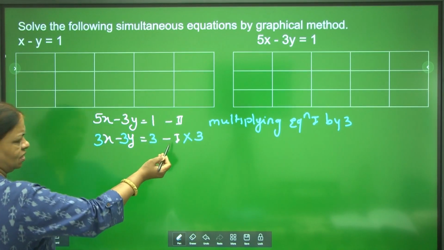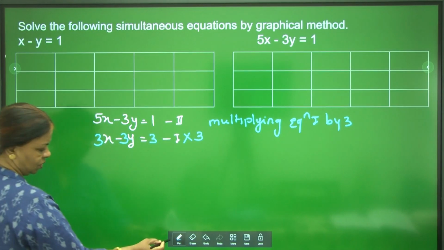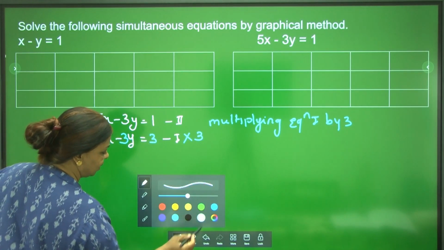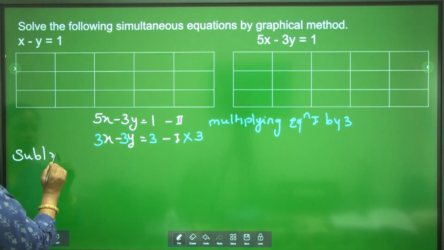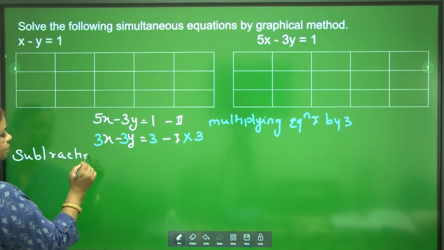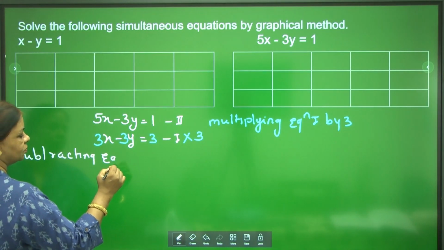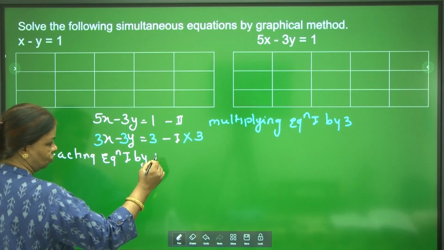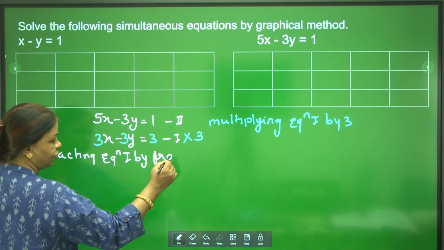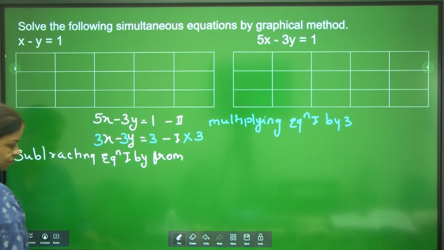Now I can operate these two equations. I can subtract equation 1 from 2. So, subtracting equation 1 from 2, from 2 means 2 will be at the top.